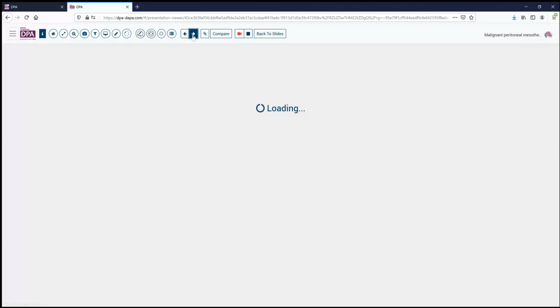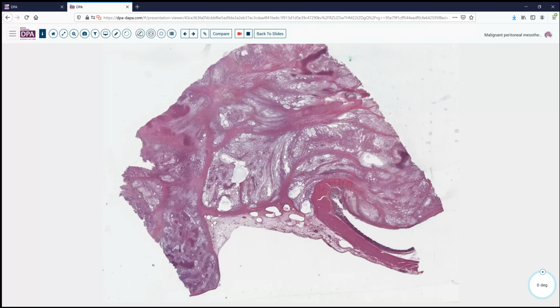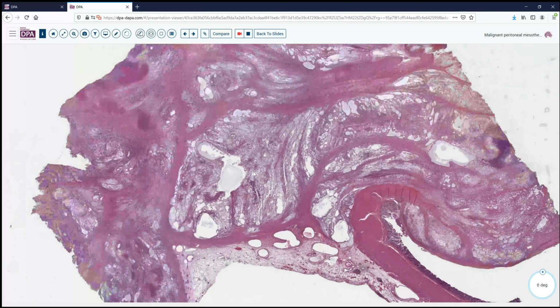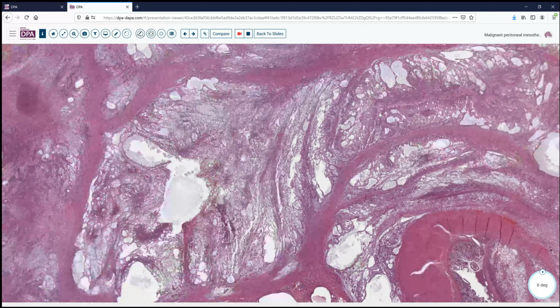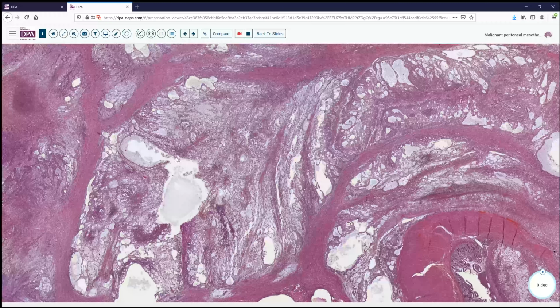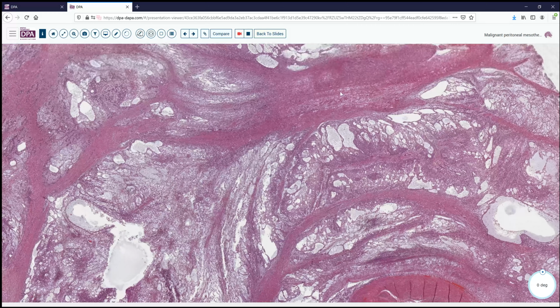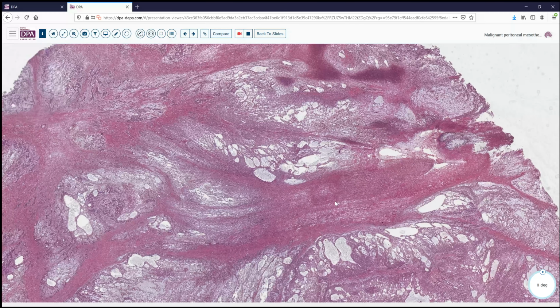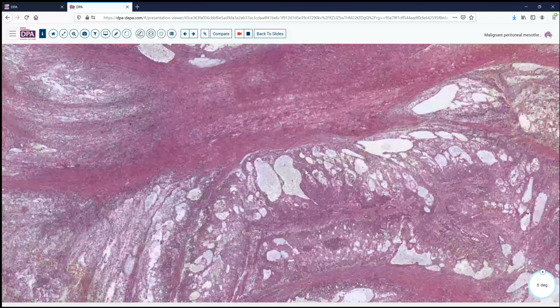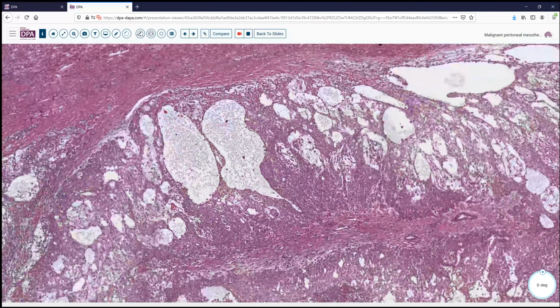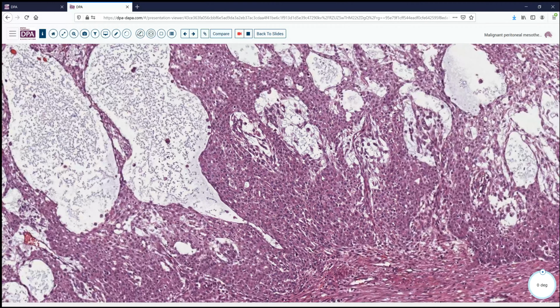Let's contrast that with a diffuse type peritoneal mesothelioma. Here we see a little segment of bowel, and we see an encased lesion here, variable amounts of fibrous tissue, some degree of lace-like or maybe pseudopapillary type of proliferation here. And as we look at these cells, they have an epithelioid appearance.